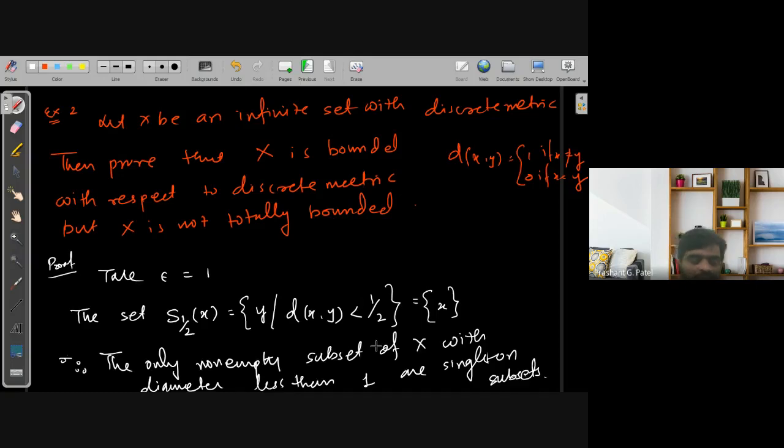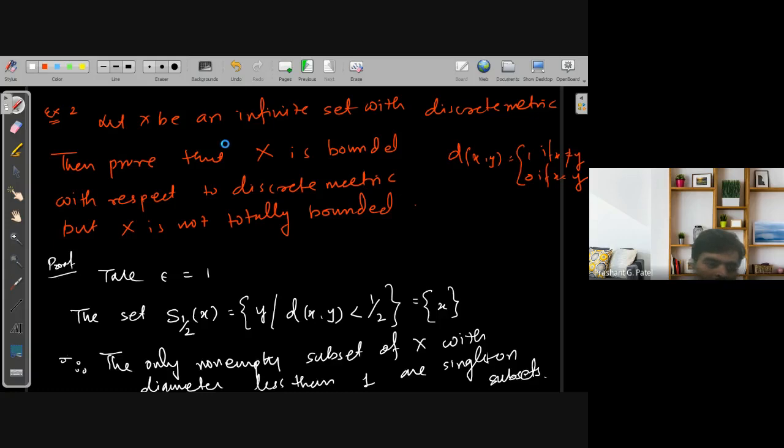Now since X is infinite, X cannot be covered by finitely many points. So therefore X is not totally bounded.